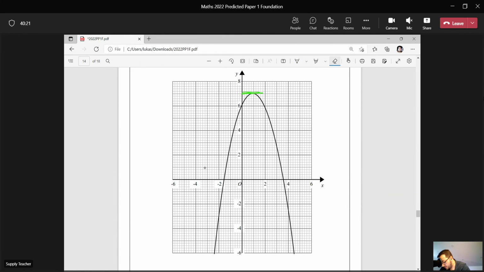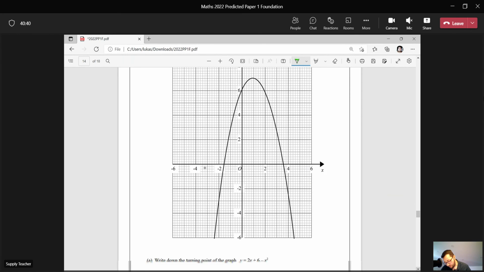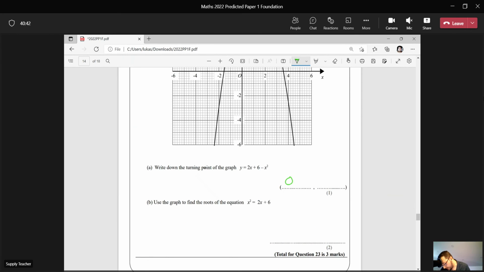So we just want to look at where that is. To me it looks like just before 1, so maybe 0.8, something like that. So 0.8 for x, and it looks to be pretty much on 7 for y. So that's going to be 0.8 and 7.